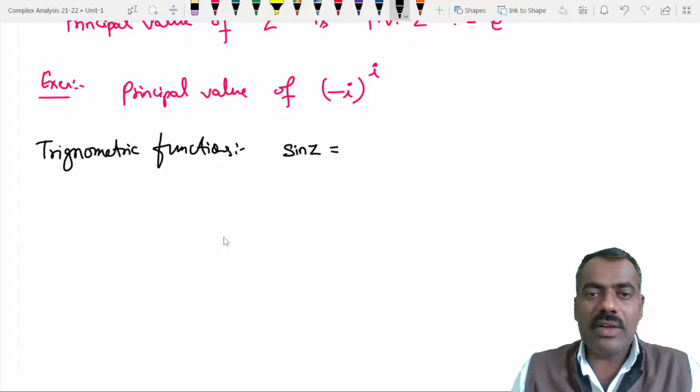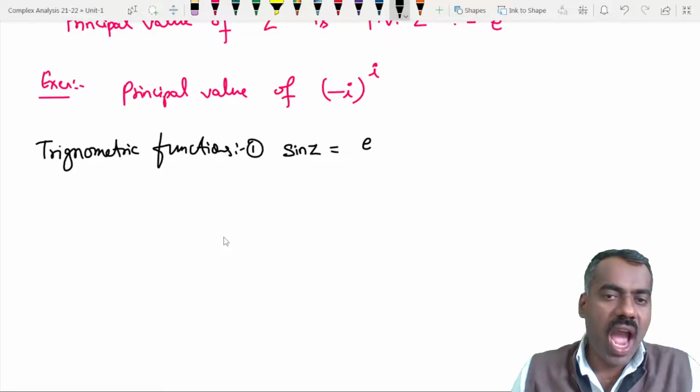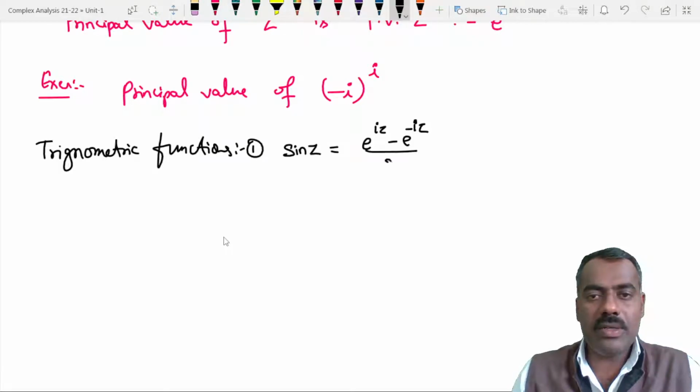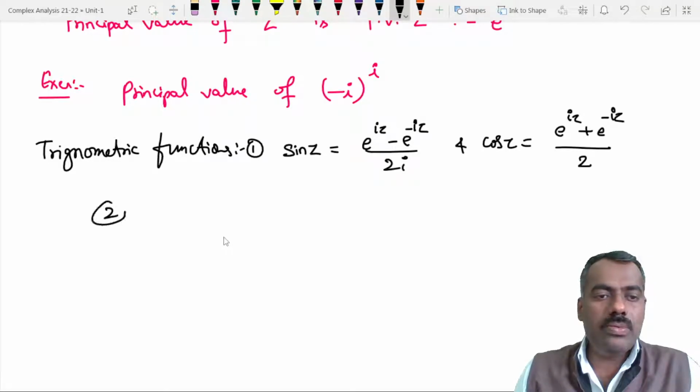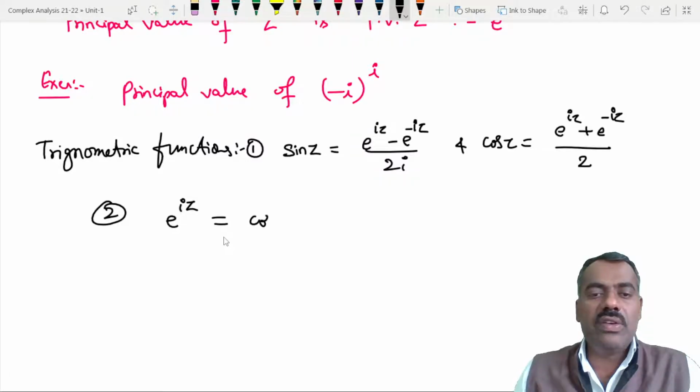Similarly, you will have sin z, which is e power iz minus e power minus iz upon 2i, and cos z is e power iz plus e power minus iz upon 2. And e power iz is cos z plus i times sin z.